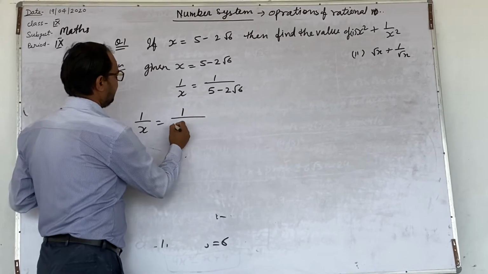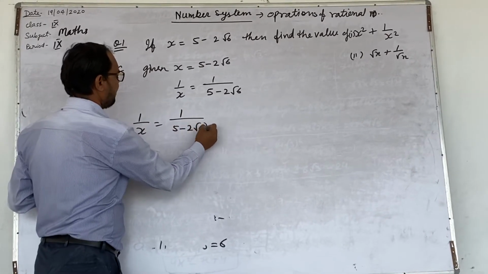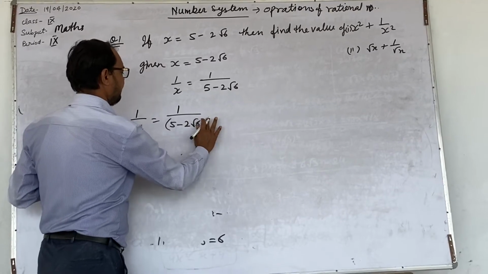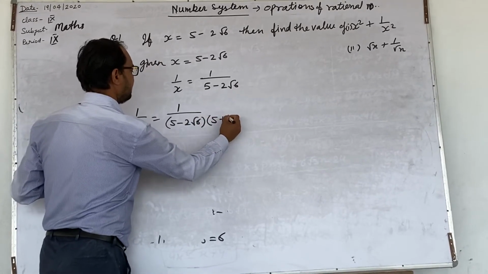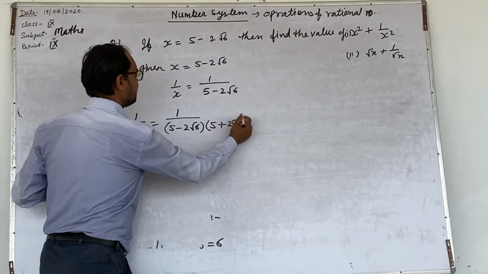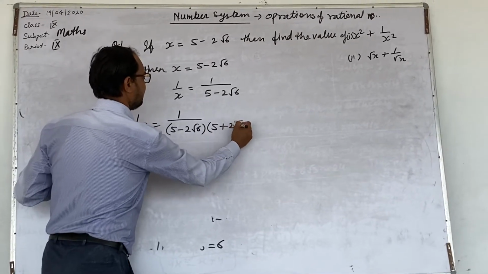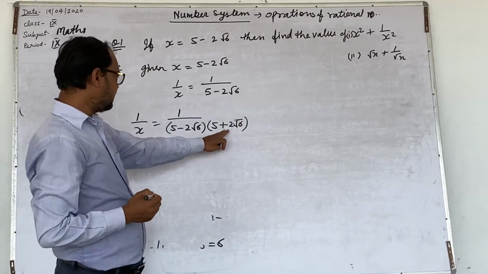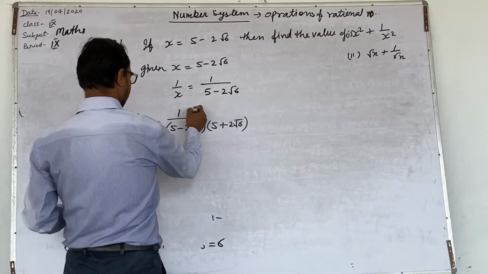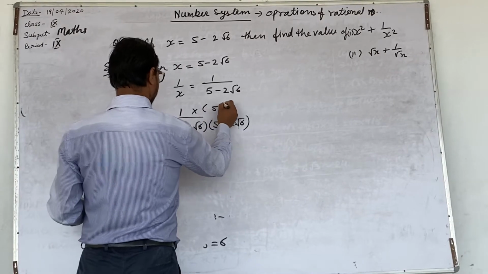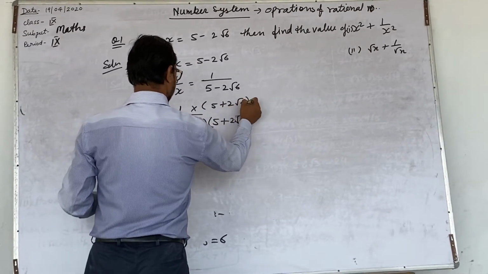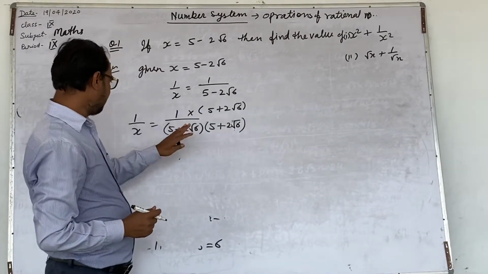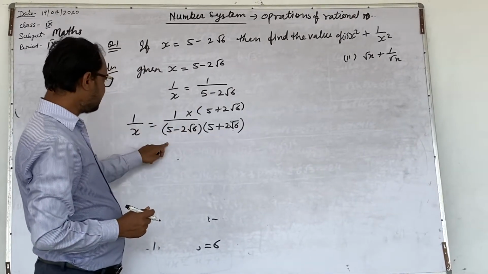We can multiply this by 5 plus 2 root 6, that same number by changing the sign, in numerator and denominator also. We studied in the last class also. Just write the denominator. So 1 upon x is this.